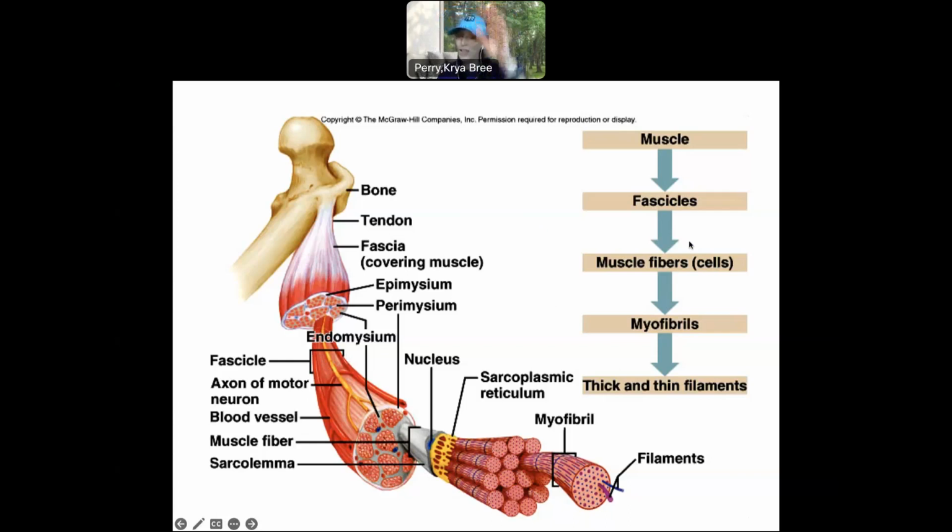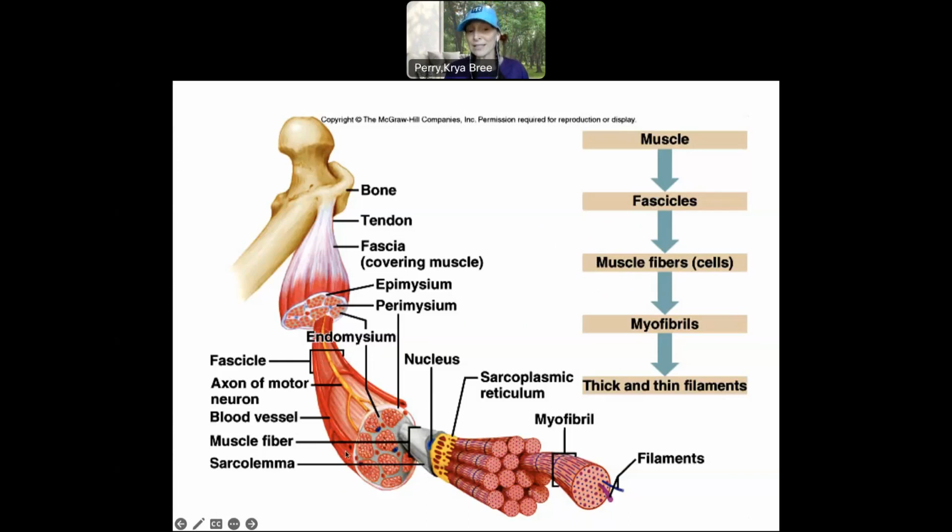On your note card, I would put endomysium in between here. So the endomysium surrounds each of those individual muscle cells to help connect them to the next muscle cell, which will eventually be bundled into a fascicle.